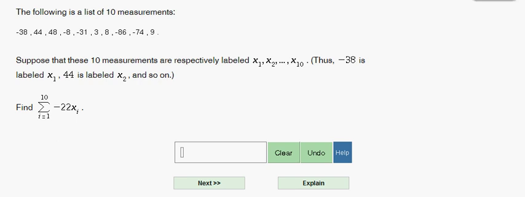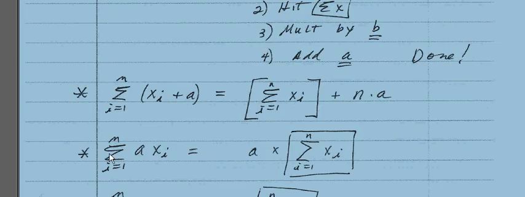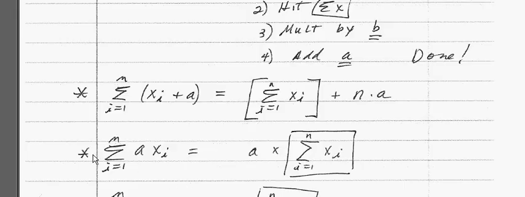We're going to take the shortcut. Once again, consult my notes here, and notice that if you have some number, this a is a constant, which is multiplied times each of your x's, it is possible to simply take that a and factor it out. We can essentially pull it across the summation sign so that we simply take that constant, which was multiplied times each of the x's, and just multiply that times the total sum of the x's.